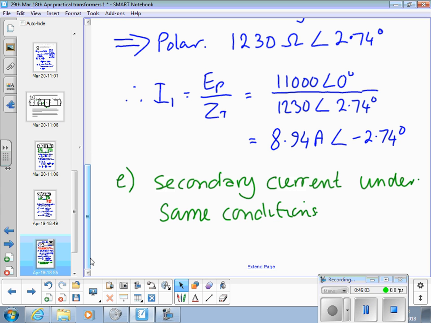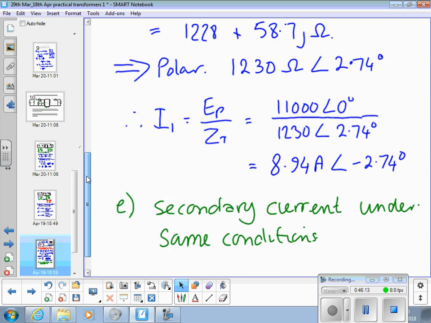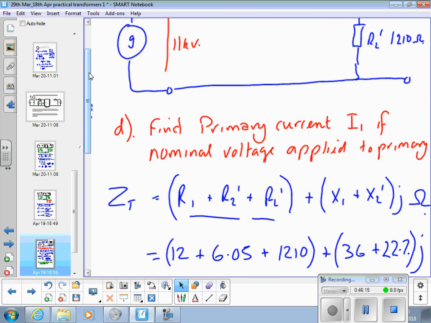I.e. the nominal 11 kV on the primary terminals and fully loaded. Remember, this value for our resistor we calculated for full load, nominal full load current in the secondary, weren't it? Yep. So we're going to keep the conditions the same.